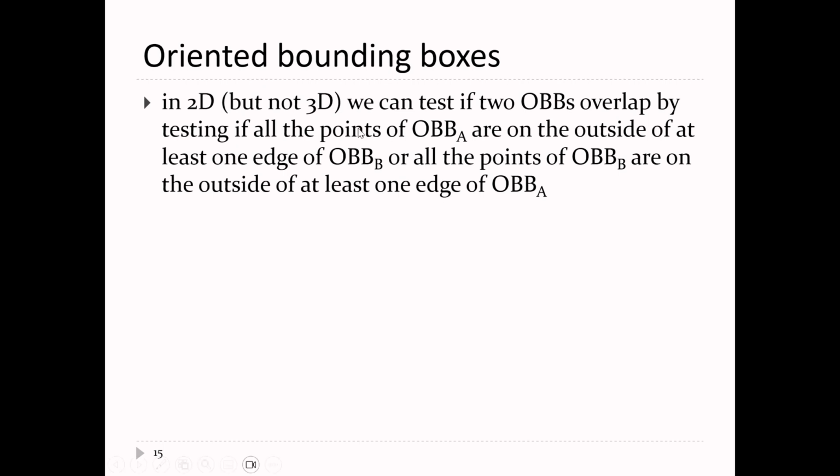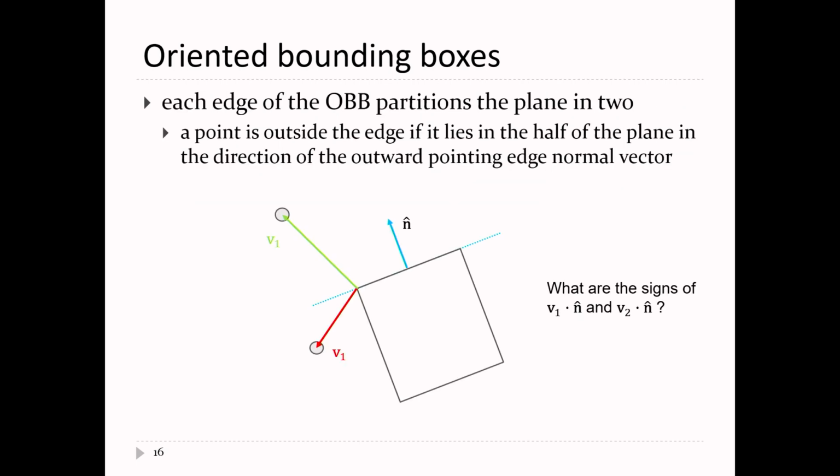So the trick here is that two bounding boxes don't overlap if the corners of bounding box A are completely outside one edge of B, or the corners of bounding box B are completely outside one edge of A. What do I mean by outside the edge? There's probably a better way to phrase this, but I couldn't figure it out last night. Anyway, here's my bounding box.